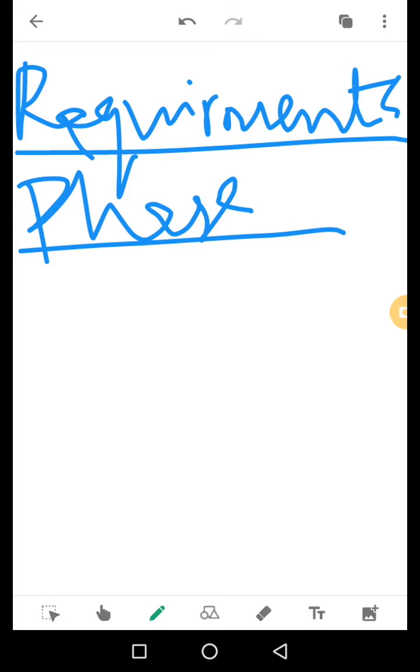It is a well-defined stage in the software development life cycle model. Requirements are a description of how a system should behave. In other words, a description of system properties or attributes.